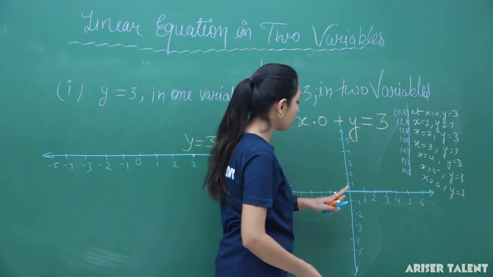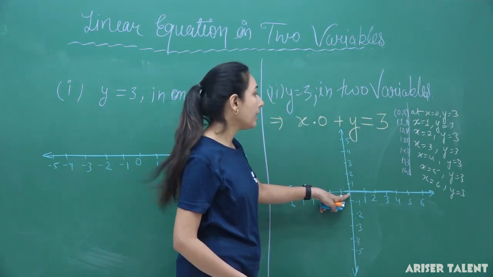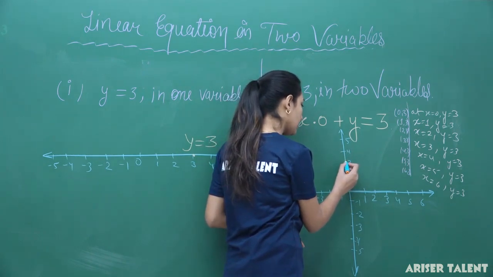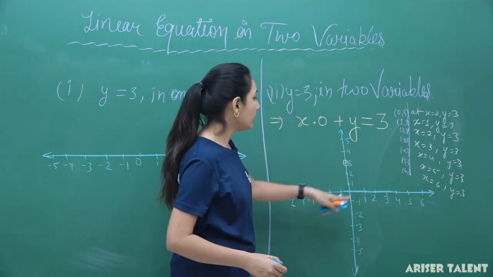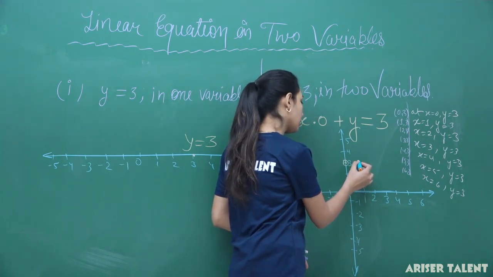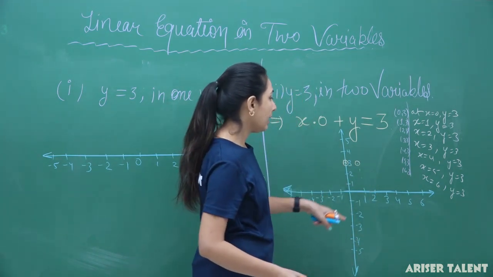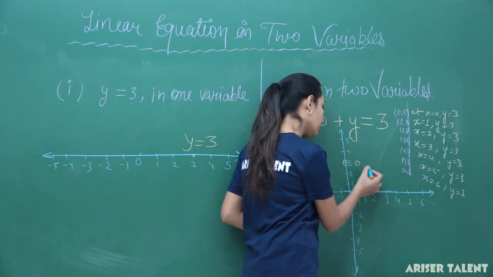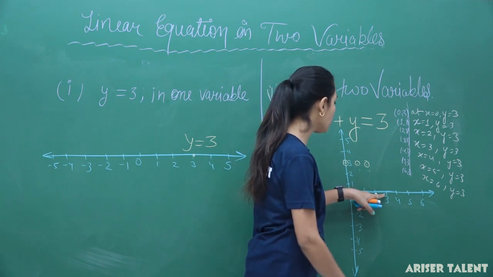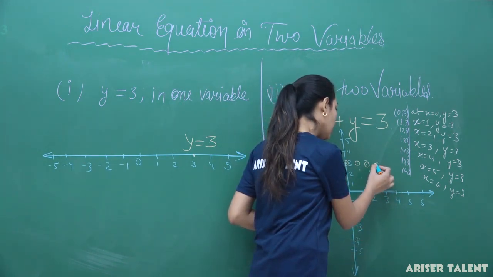So x equals to 0 here and y equals to 3 this side, this point. Then x equals to 1, y equals to 3; x equals to 2, y equals to 3; and x equals to 3, y equals to 3.